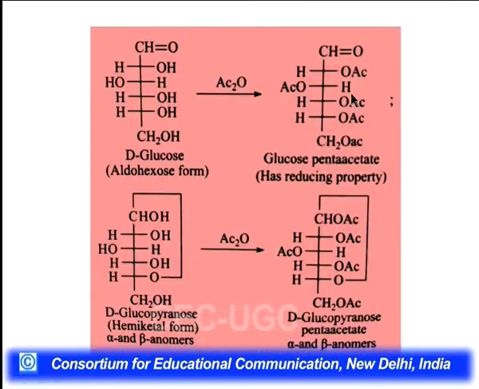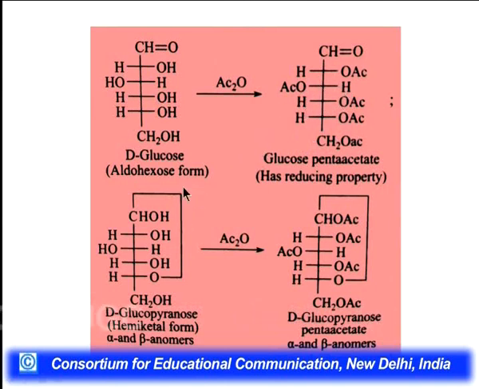What I have shown here is that glucose reacts with acetic anhydride, resulting in the formation of a cyclic glucose pentaacetate. If it were an open chain structure, that is, if the aldehyde group was not involved in a ring, it would show a reducing property. That is, it would react with ammonium hydroxide.